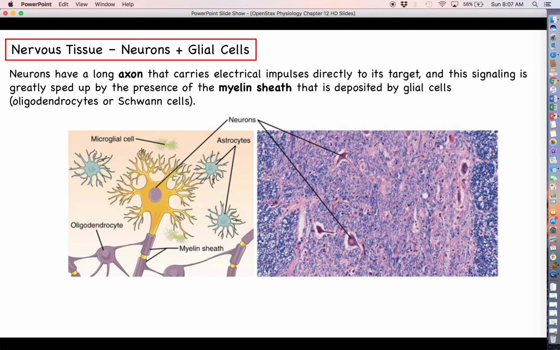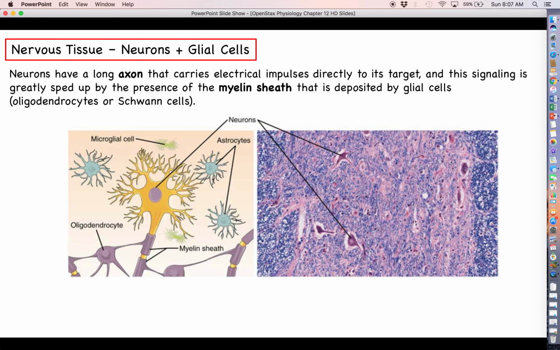So if we focus a little bit more on the neuron itself, we said that what makes long-distance communication possible is the fact that the axon of any particular neuron can be very long. So if a nerve is just a big bundle of these axons, nerves can send messages over a very long distance because those axons, as I said, are very long.